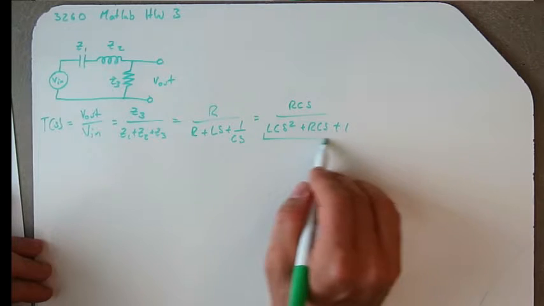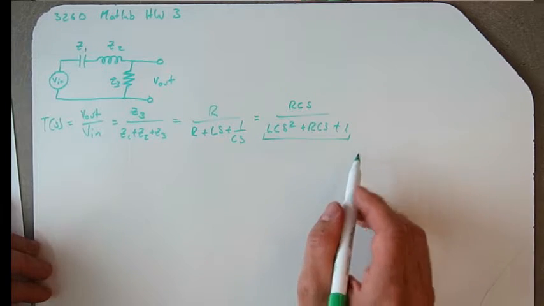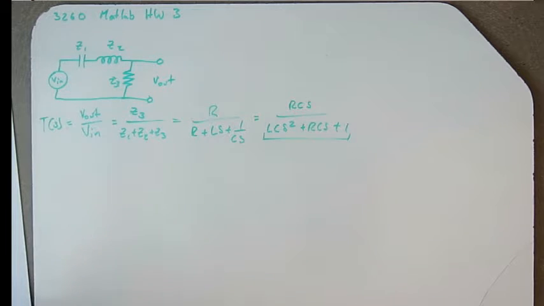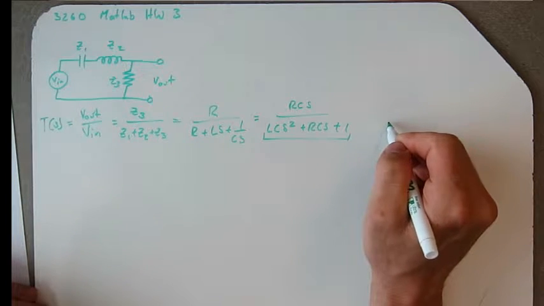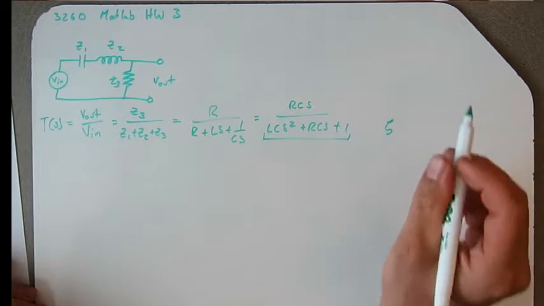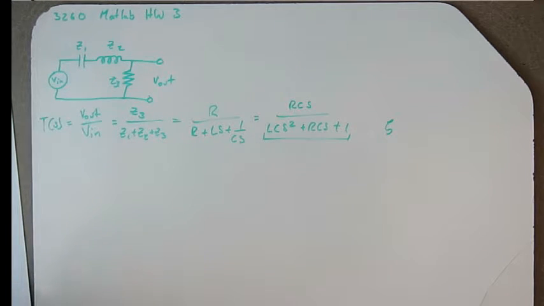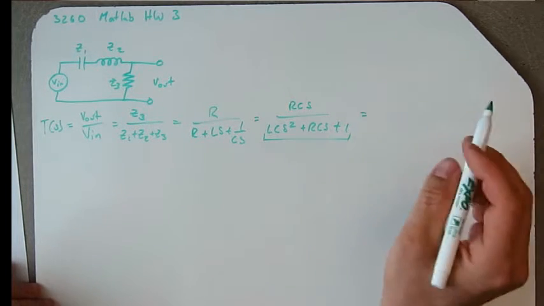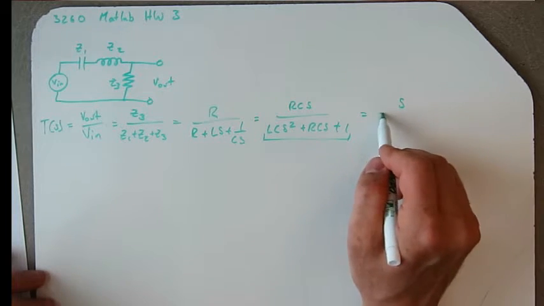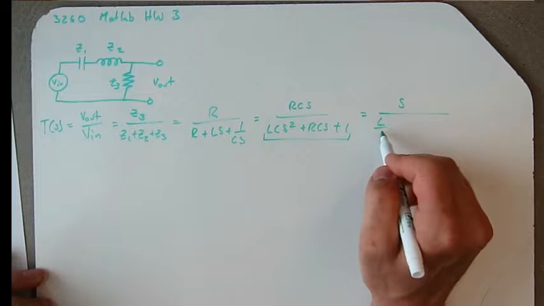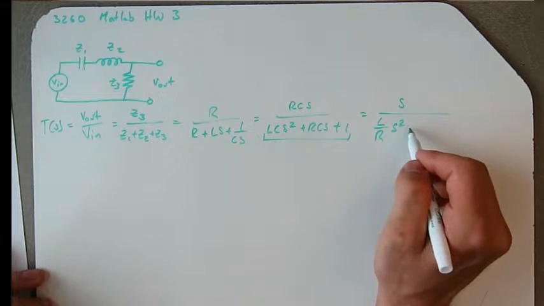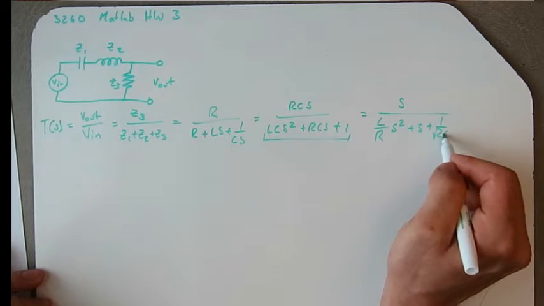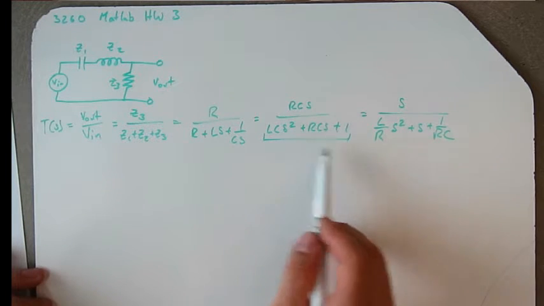We can take this denominator and find the roots, and that's going to get us information that we need about the natural frequency of the system and zeta, the damping ratio. So we're going to go ahead and do that. But a quick comment, this also looks like you can rewrite this way too, just by bringing the RC back to the denominator.